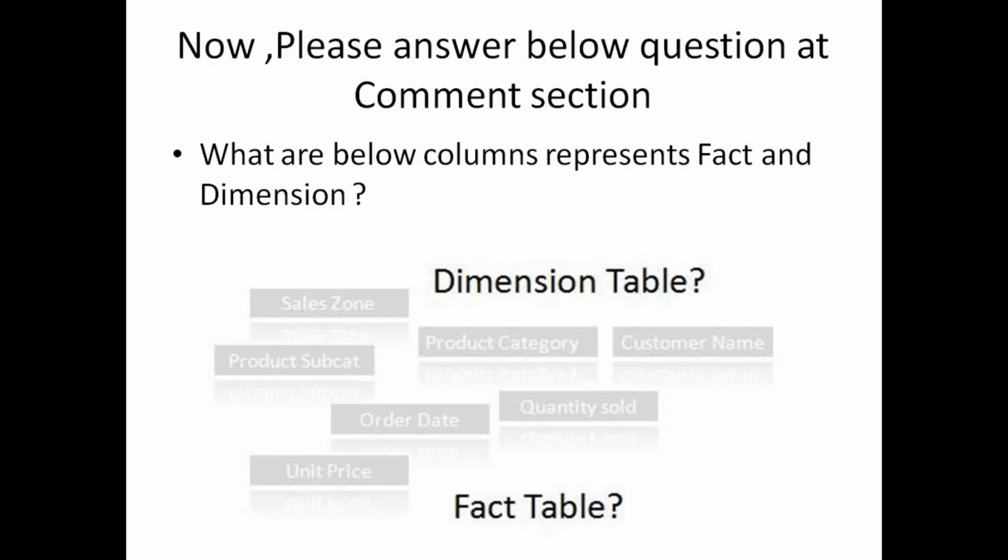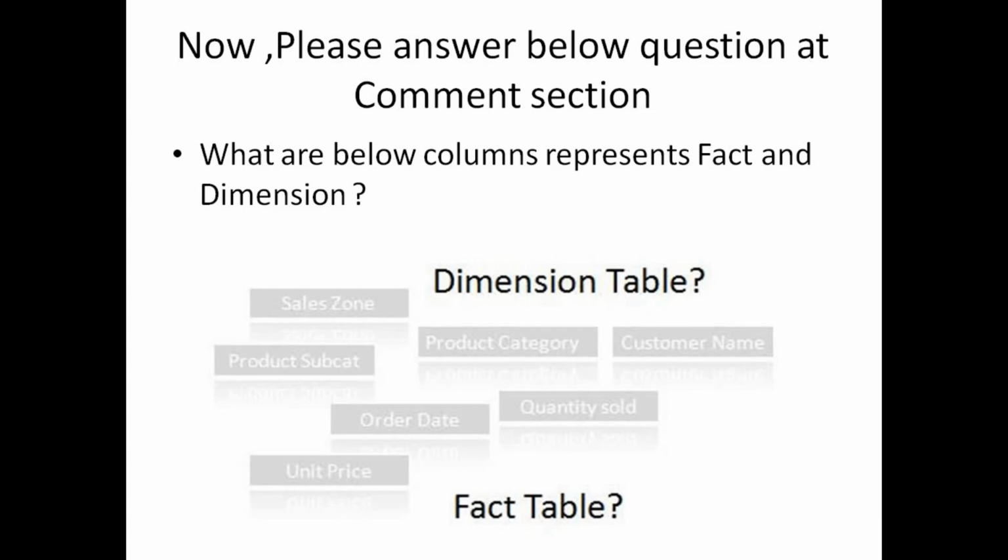Here they mentioned sales zone, product subcategory, product category, customer name, order date, quantity sold and unit price. So these are the columns or attributes. You will identify which column represents dimension table and which column represents fact table.